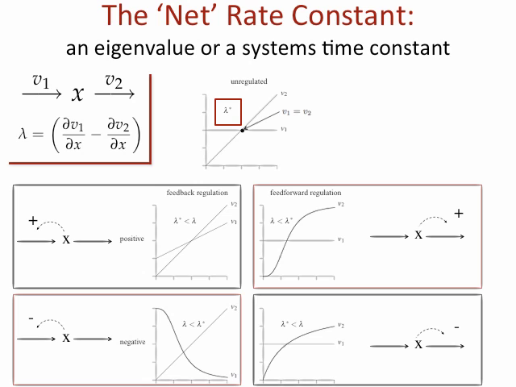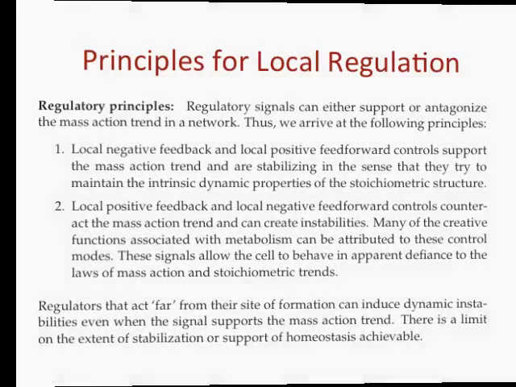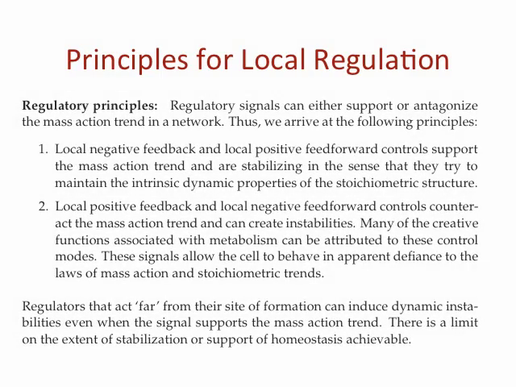And in the case of feed-forward inhibition, the derivative of V2 with respect to X will become smaller, and the eigenvalue moves correspondingly relative to lambda star. So the more negative an eigenvalue is, the more quickly the system will return to a steady state when perturbed. So when lambda with the regulation becomes more negative than lambda star, you have stabilization, and vice versa.